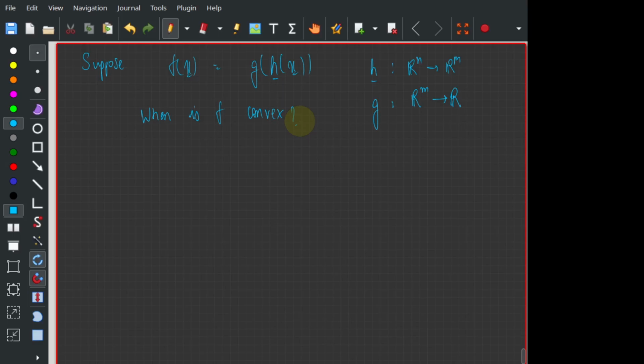But for now, let's assume that g and h are defined over all of Rn and all of Rm, just to keep things simple. In fact, let's take one step back. Let's assume that both g and h are real valued functions. So h is a function from R to R and g is a function from R to R.